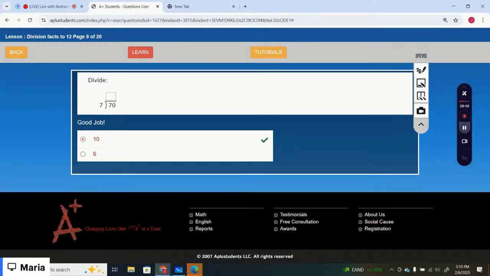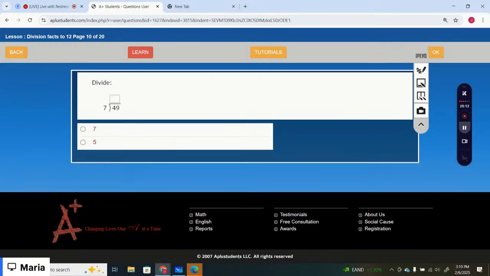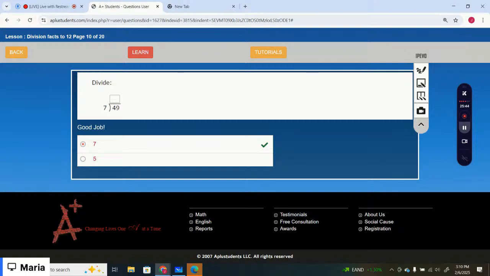Option number 1 is the correct option. 49 divided by 7. 7 times what number is 49? 7 times 7 is 49. Option number 1 is the correct option. That is 7.